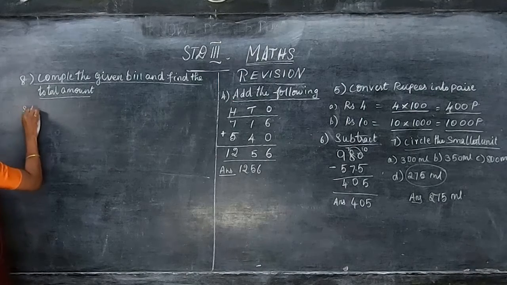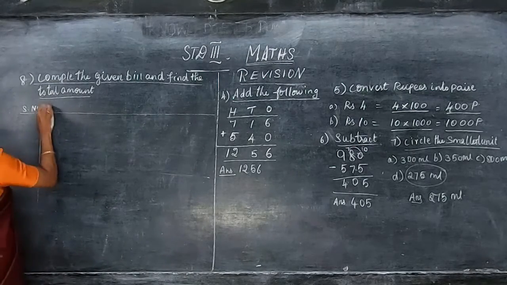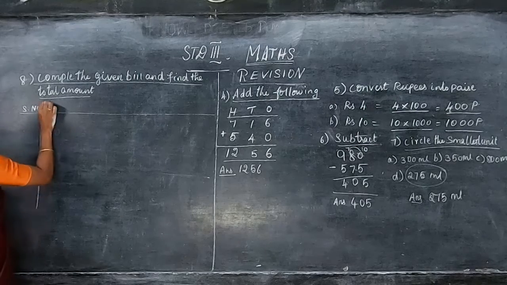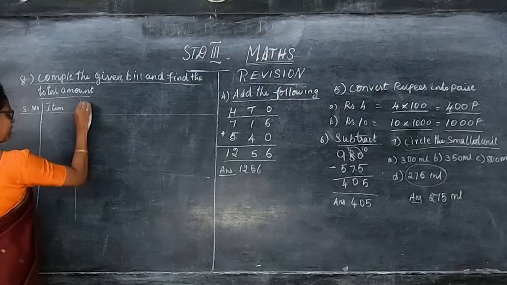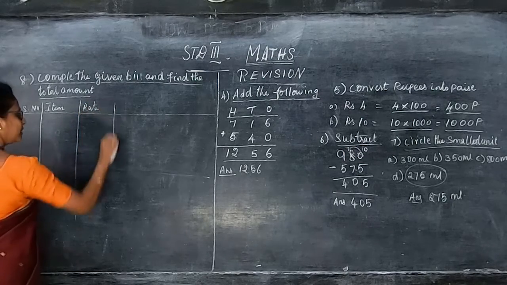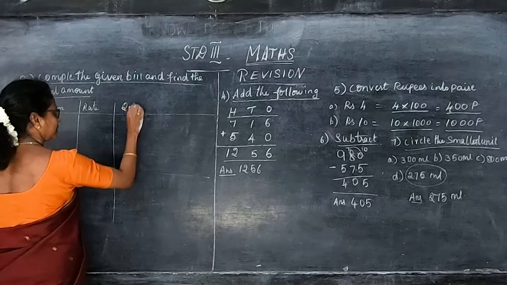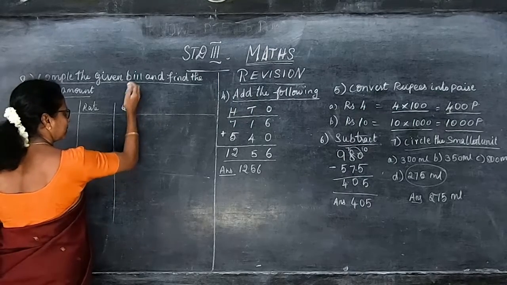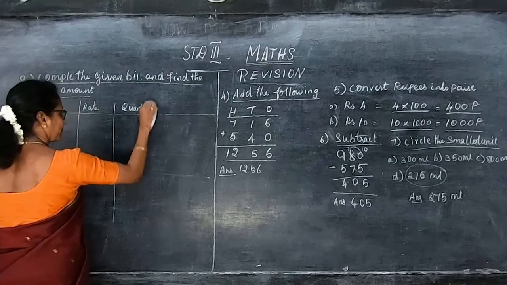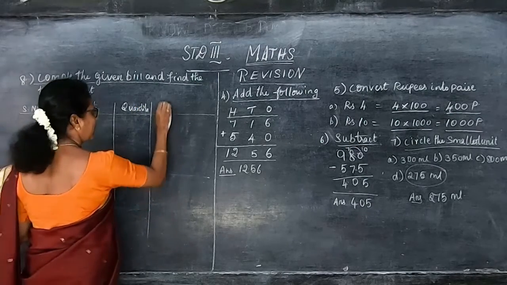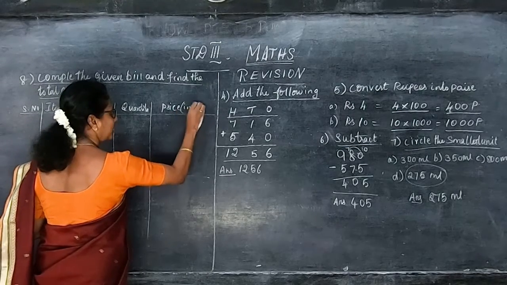So given serial number, item, rate, then quantity, then price in rupees.